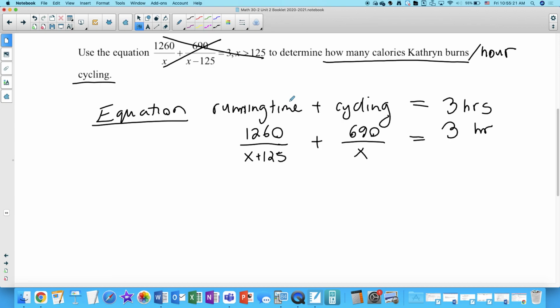But because this x represents a rate, what type of number does that have to be? Positive, yes. So in fact, x can't equal negative 125 or 0, but because it has to be positive, x has to be greater than 0. And if x is greater than 0, it's not going to be negative 125 anyway.